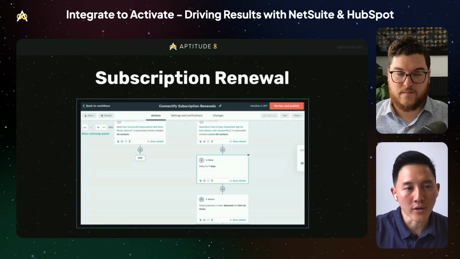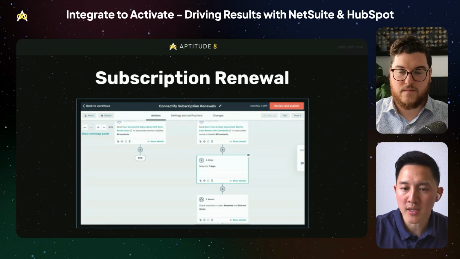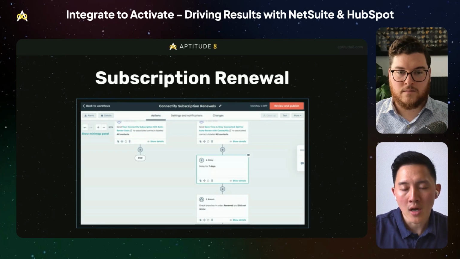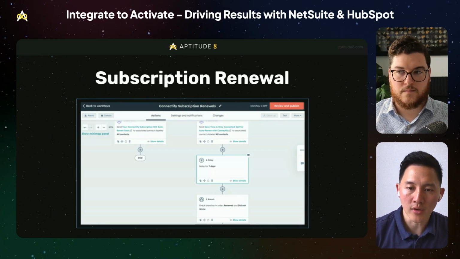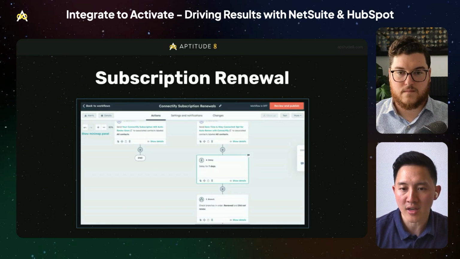Absolutely, Connor. Another great example is subscription renewals, being able to automate the marketing and transactional emails that you send out to your customers, knowing that the ERP is holding a lot of the data around the actual finance and accounting, but also the fulfillment process of these orders.